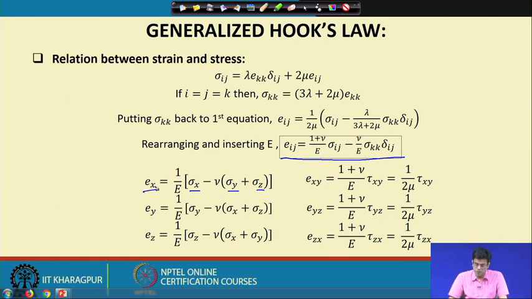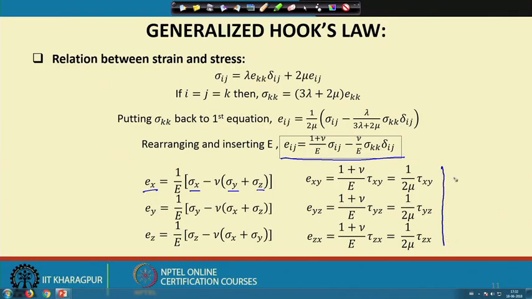The basic purpose of this, in the next lecture, is that we will understand the physical meaning of this Young's modulus and Poisson's ratio, and we will define some quantities like bulk modulus and understand their physical meaning.